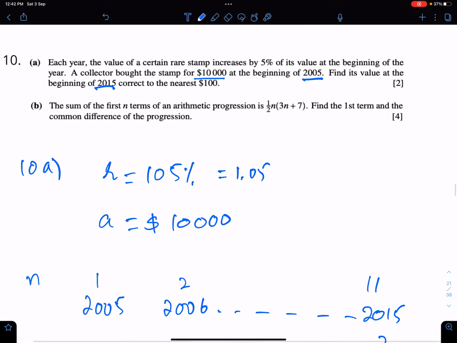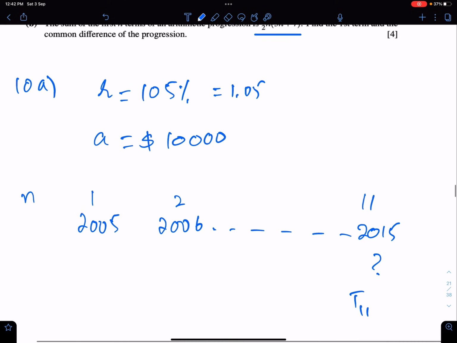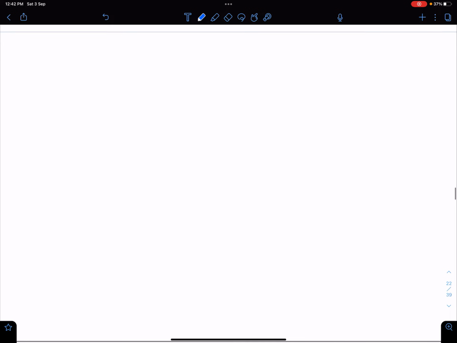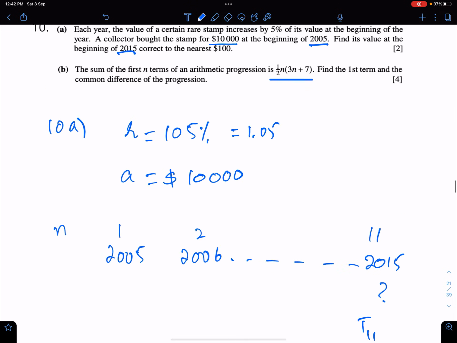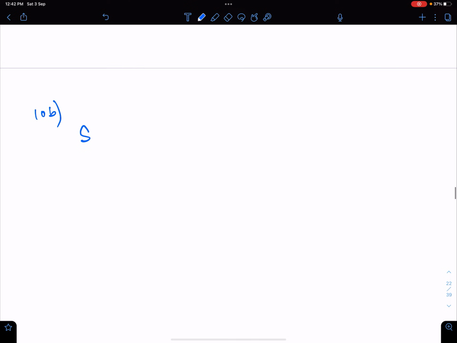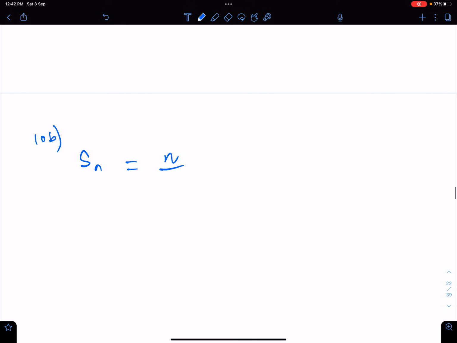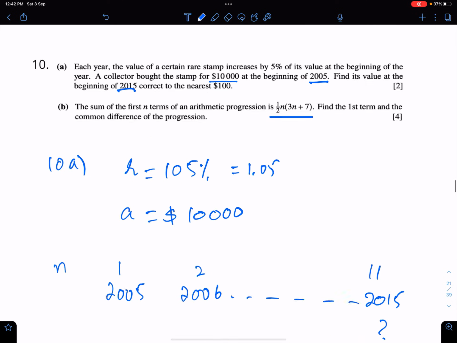Second part, the Sn of an AP is this. Find the first term and the common difference. So part 2 of 10b. It's given Sn is n upon 2 and 3n plus 7. This is Sn.